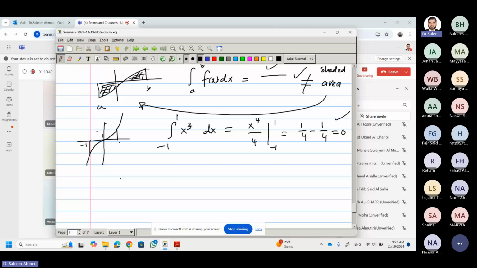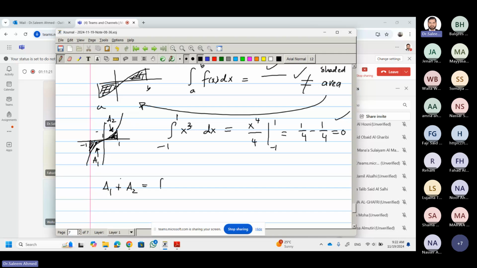But if they ask me what is the area, this whole area, I cannot find this area using this integration, because you see, the integral can be 0 but area cannot be 0. So I will find this area separately and this area separately and then add. I will call this area maybe A1 and this area A2. So these both areas will be added to get the answer.